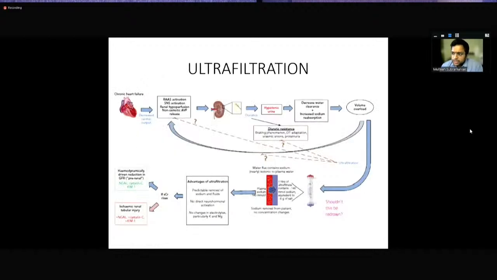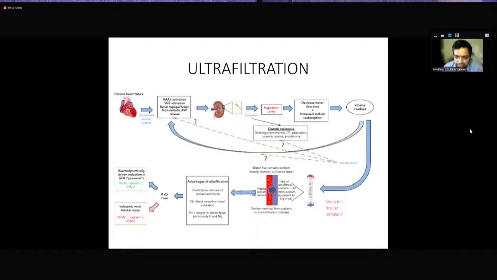The other option for patients with renal failure, in terms of advanced heart failure therapy, is to offer ultrafiltration. Ultrafiltration is different from normal hemodialysis because you're pulling out isotonic fluid, so there is no subsequent activation of the renin-angiotensin system.